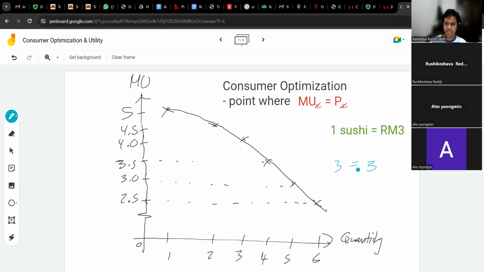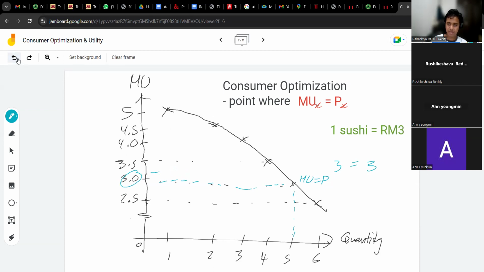And you also notice that you look at where the 3.0 is, and that's exactly at the quantity of 5. Because that is where your MU is equal to P, where your 3 over here is equal to RM3.